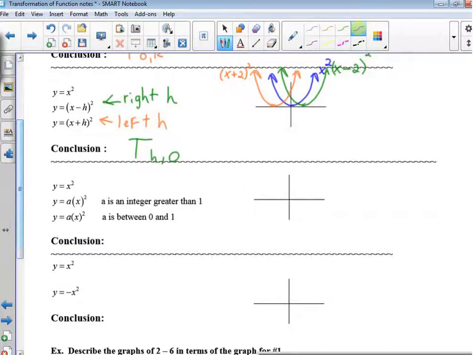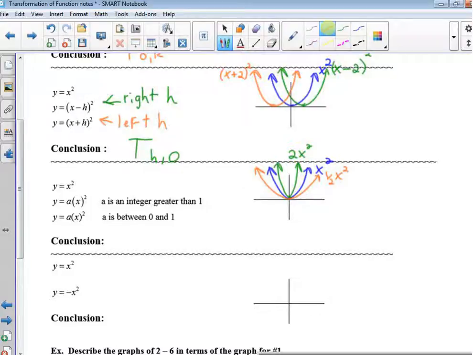And then we had the same thing going on with putting the a in front. If it is, say, a 2, it's going to get skinnier. So the first one was just x squared. The next one would be, say, maybe 2x squared. And then if it is, say, 1/2 x squared, then that is the vertical shrink, it gets a little wider.